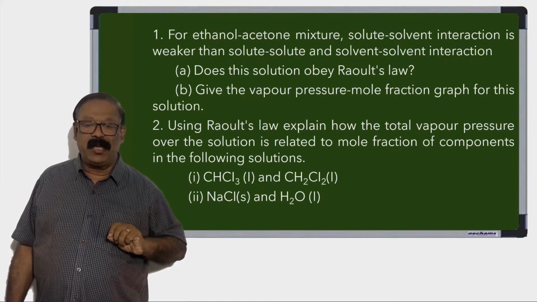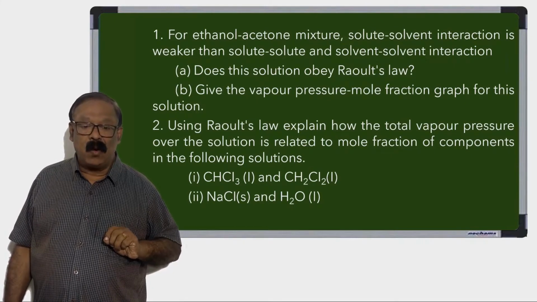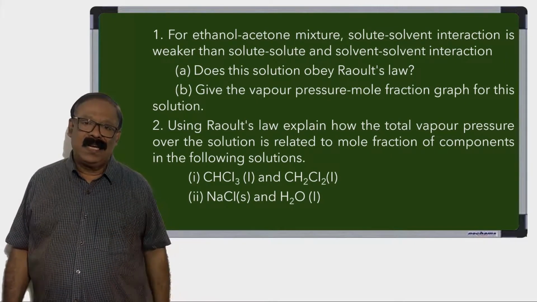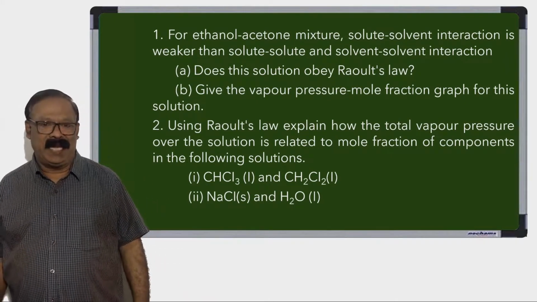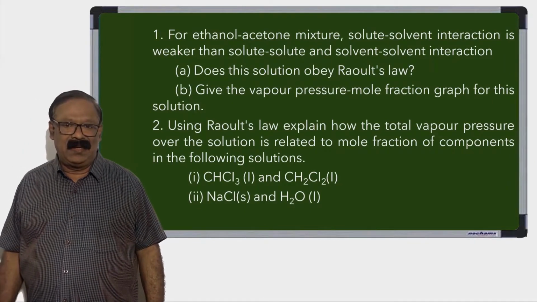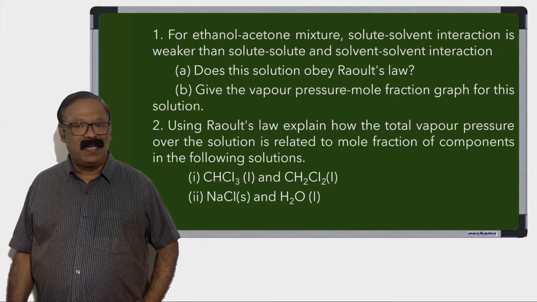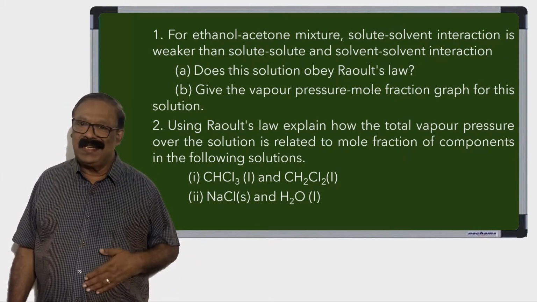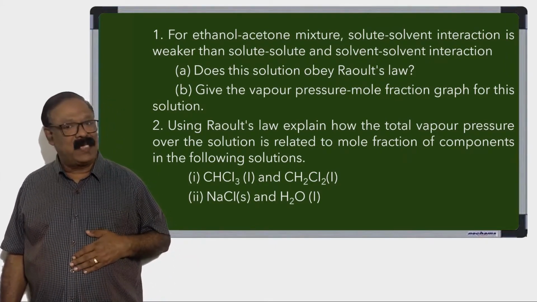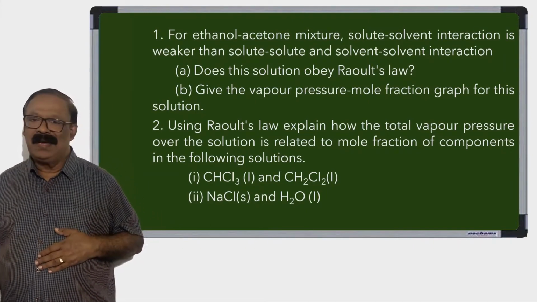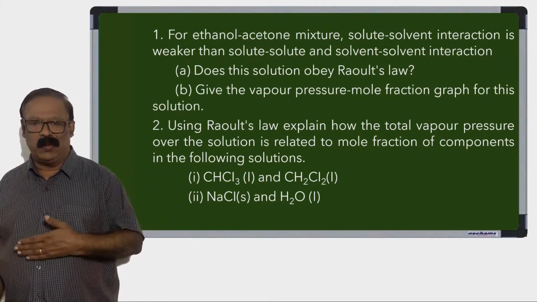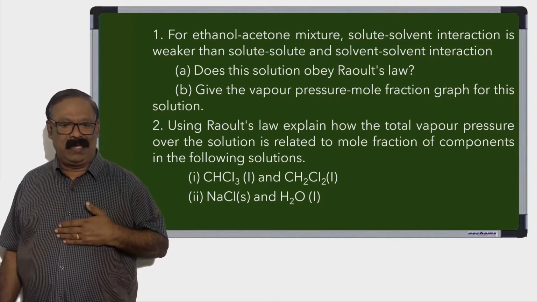The first mixture given is chloroform plus dichloromethane. For liquid mixtures, the total vapor pressure is given by Raoult's law as P = X1 P01 + X2 P02. Using that you can calculate.